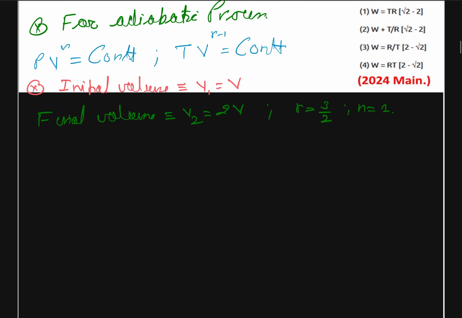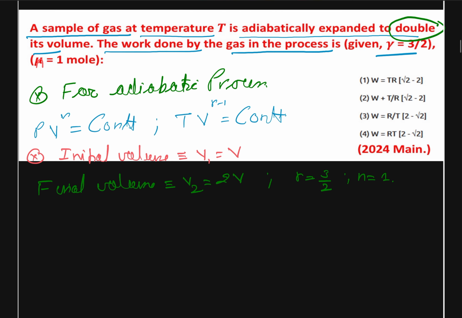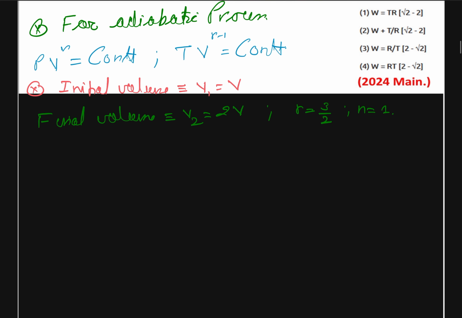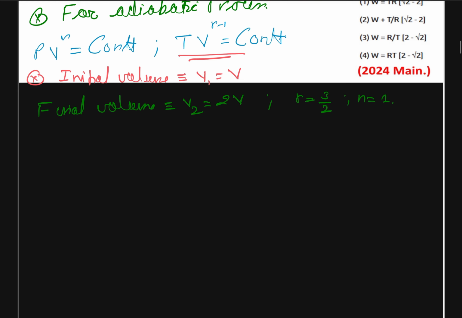So we are going to start with TV^(gamma minus 1) is equal to constant. So we can write this as T1 V1^(gamma minus 1) is equal to T2 V2^(gamma minus 1).